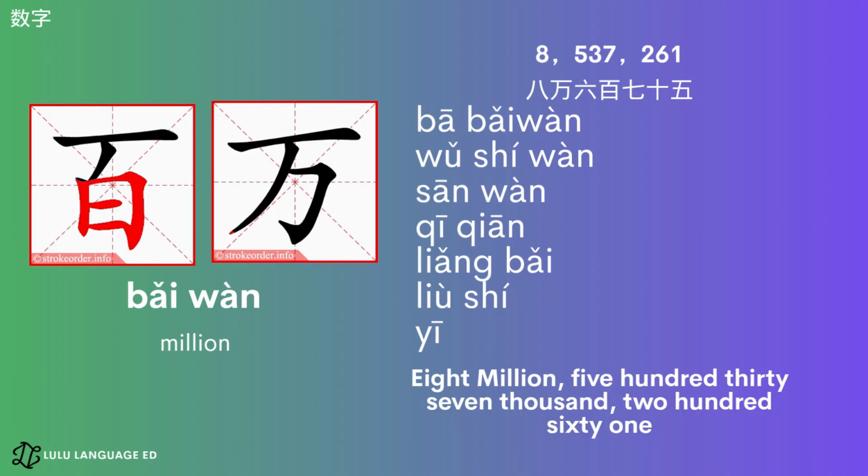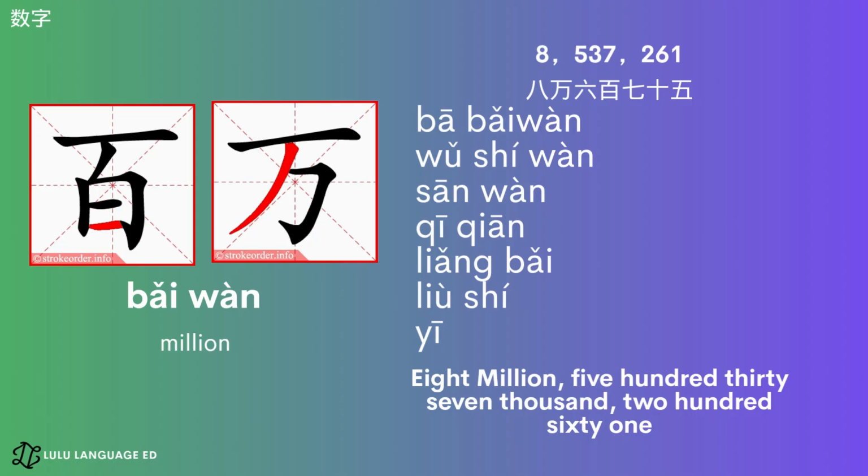3万. 7,000. 200. 60. 1. Together: 800万50万3万7261.